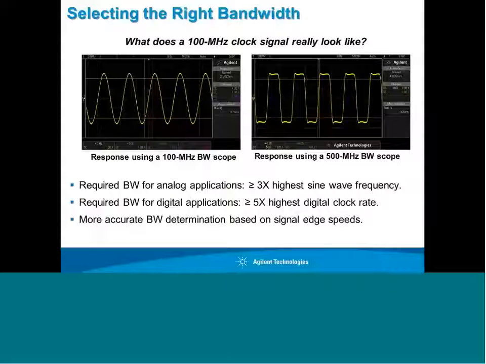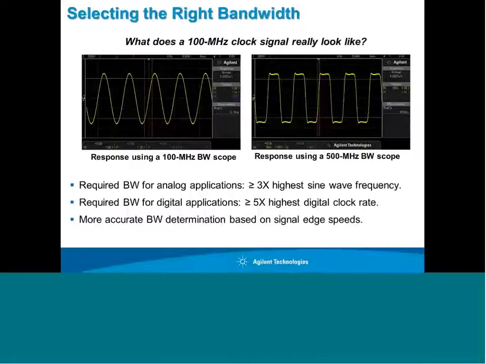Now you can see two very different responses on the same signal, and the only difference is the bandwidth of the scope. The scope on the left with 100 megahertz bandwidth, trying to capture a 100 megahertz digital clock signal, essentially passes through just the first harmonic of the signal, the fundamental of the signal. The 500 megahertz scope passes up to the fifth harmonic, and you see much more detail.